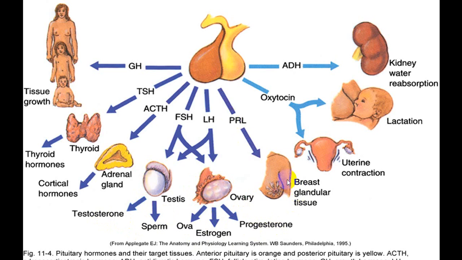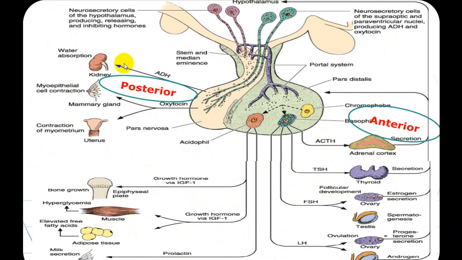This is prolactin acting on a breast glandular tissue, and these are the posterior pituitary hormones we have already discussed before. So this is again the same diagram presented in a different pattern. These are all the different hormones of anterior pituitary and where the action is, which hormone is acting, etc. So all those are again narrated here.